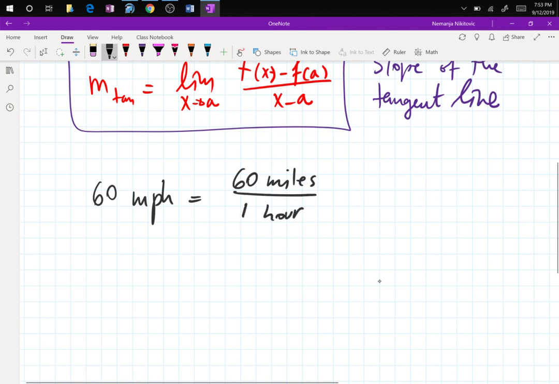This is what you do to write a ratio at which you are driving. So it's change in y divided by change in x.